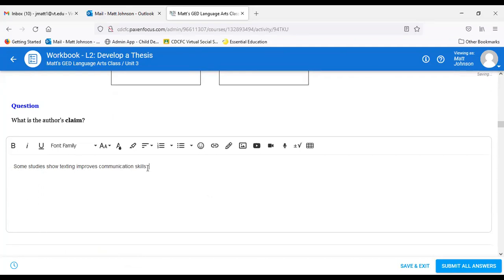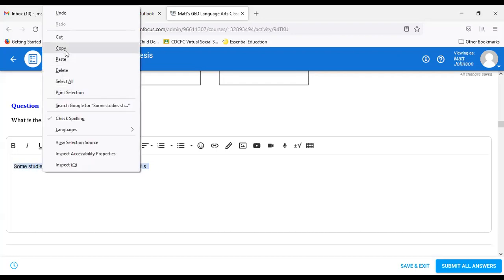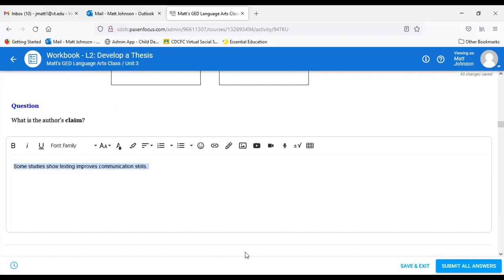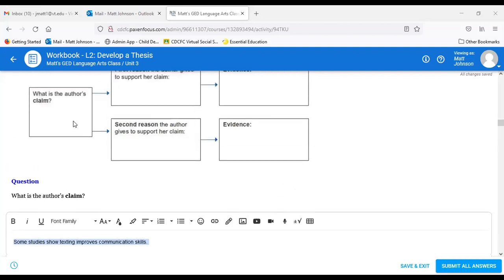Okay, that's the claim, short and sweet. So copy that, paste. Some studies show texting improves communication skills. We got our first box in our flow chart filled out there.